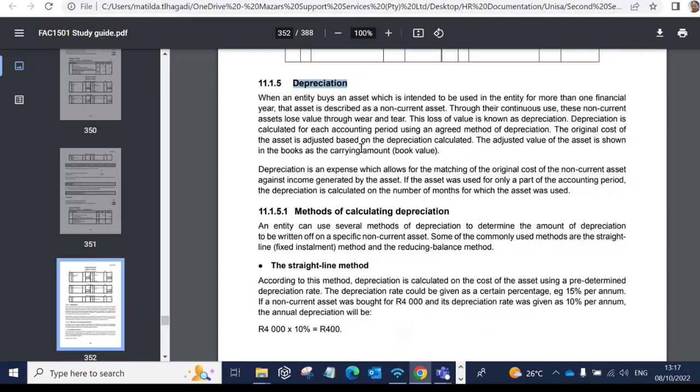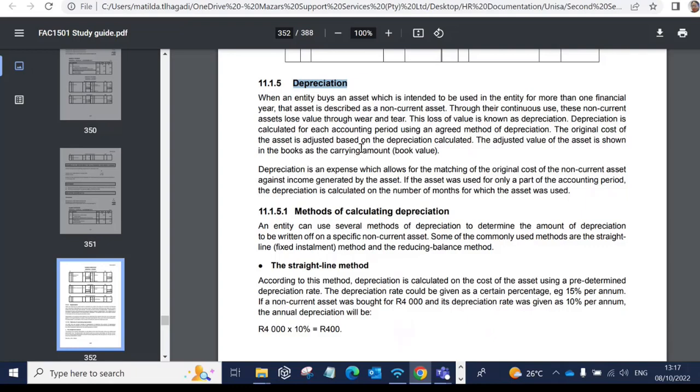Depreciation is calculated for each accounting period using an agreed method of depreciation. The original cost of the asset is adjusted based on the depreciation calculated.